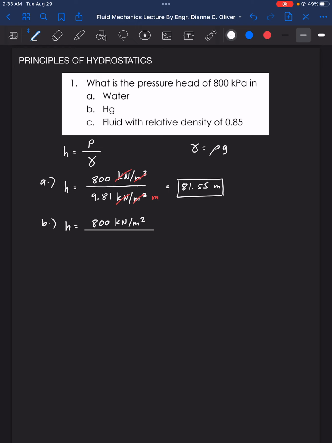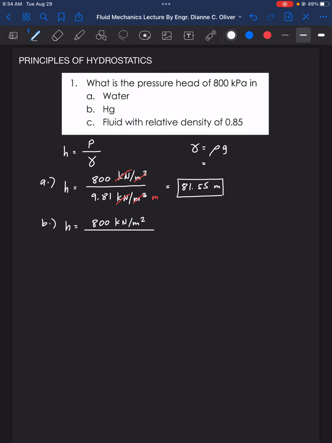Okay, so for here, our rho is for the mercury. Now we're going to use rho for mercury with the specific gravity.